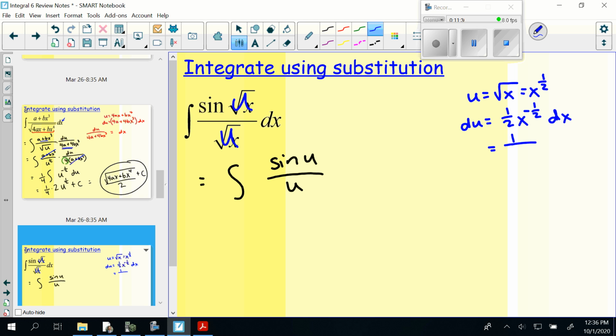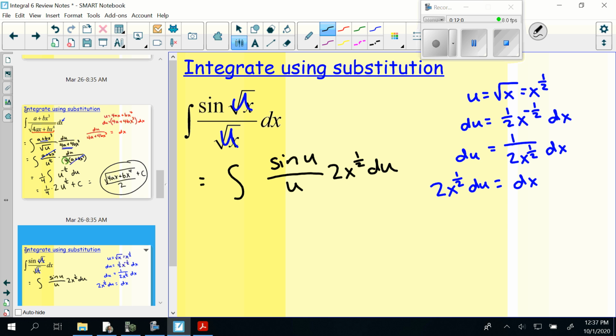I'm going to move that x to the 1/2 down to the denominator. And so if we times that to the other side, then the dx is going to equal 2x to the 1/2 du. So our substitution for dx over here becomes that stuff, 2x to the 1/2 du.